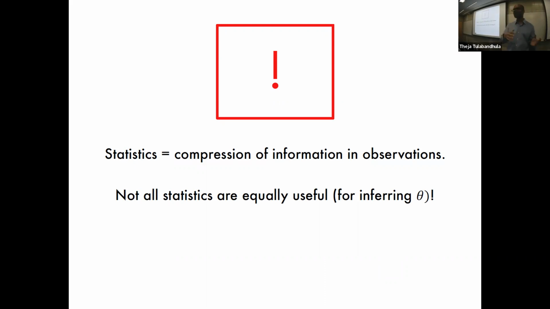Some statistics are useful to reverse engineer and suggest what could have been the parameter that gave rise to this data, for example through the maximum likelihood estimation approach. Not all statistics are useful. If I create all sorts of functions, some may not be able to tell you what theta is, but some can. In the last slide, the summation of yi was able to tell us what theta is. The summation of yi divided by m was the estimate of theta.